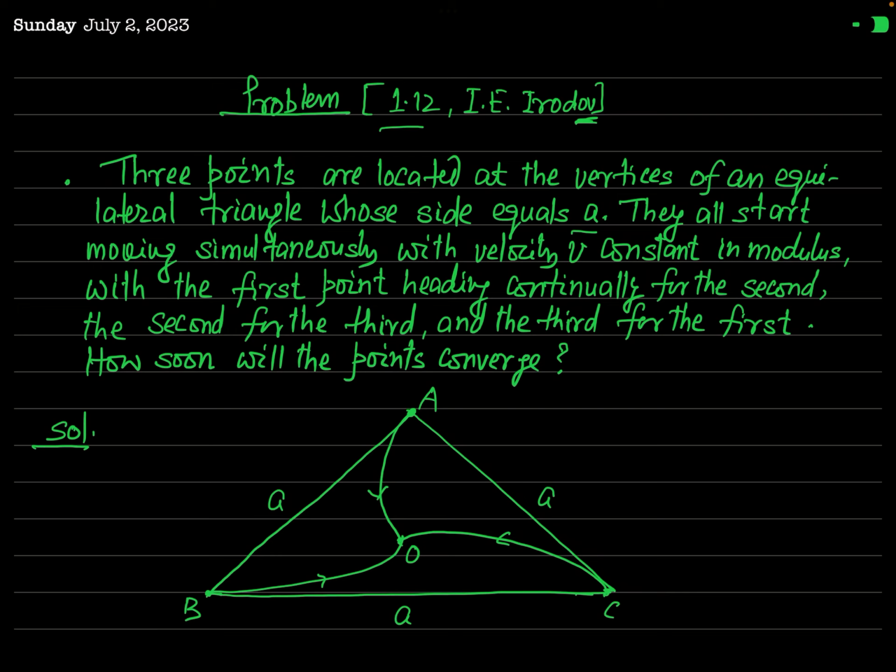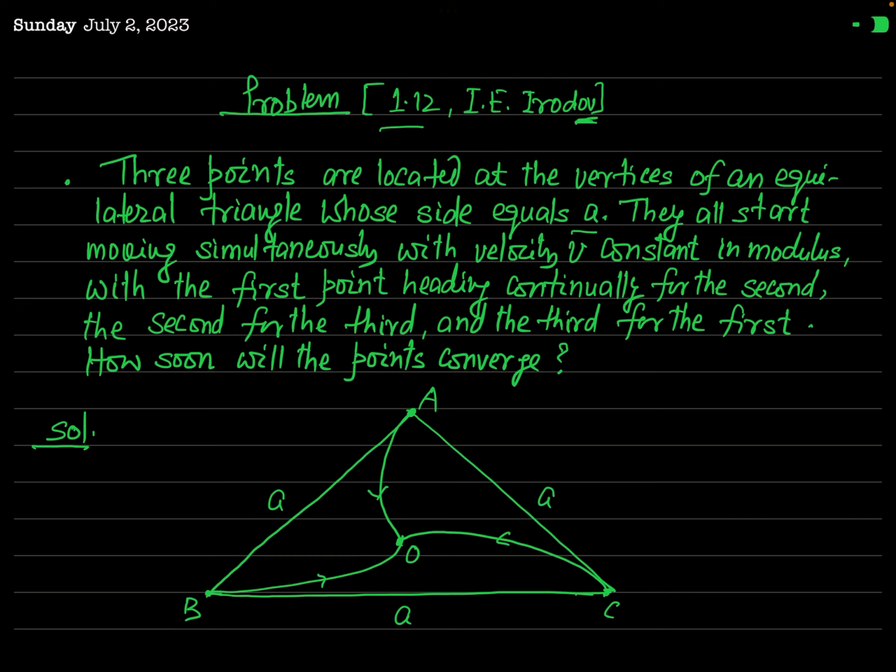B also tends to meet particle C, while C has a tendency to meet A. So, definitely all the particles will move in this plane and meet at a point which must be equidistant from the initial positions of the particles. As you know, the initial positions of the particles are the vertices of an equilateral triangle.